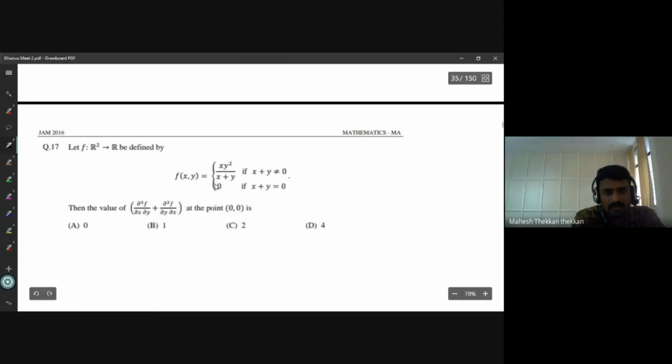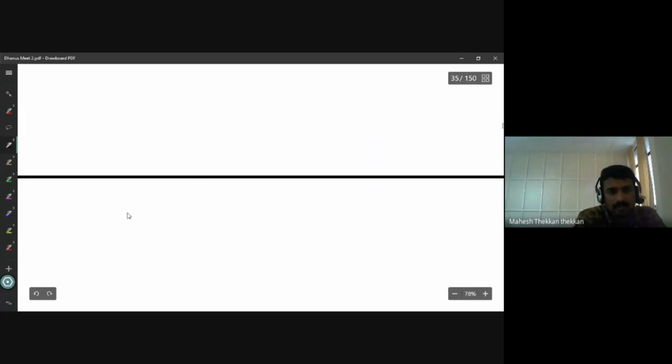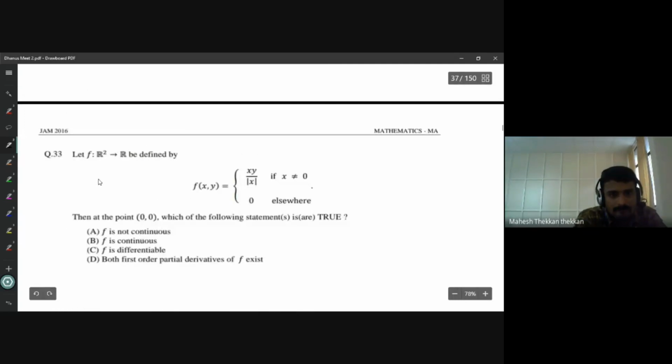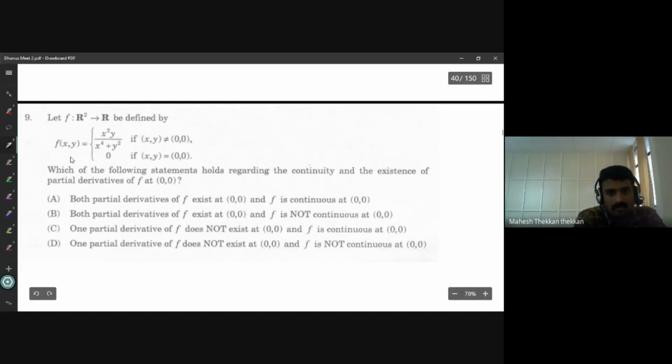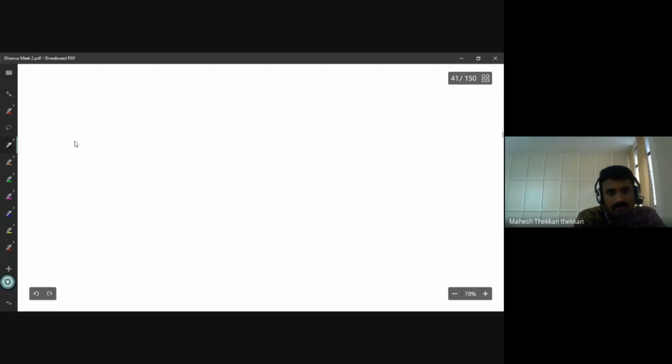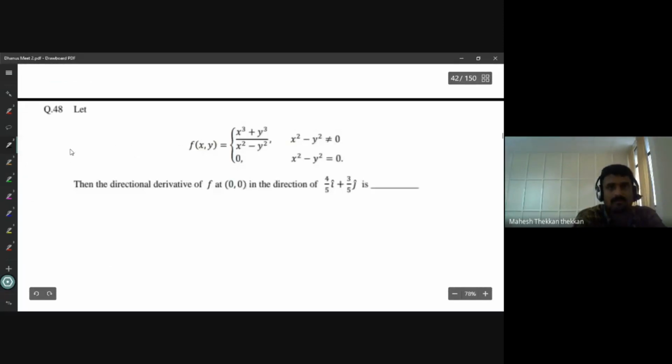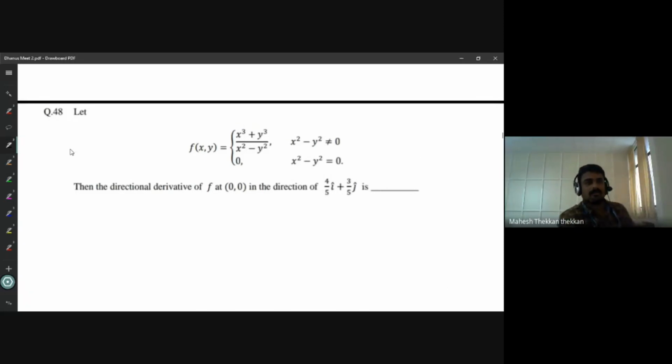This is also the same kind of question. You only need to worry about the partial derivatives at 0, 0, both of them. Whatever we did for these questions, the same method you have to use here. These are all similar kinds of questions. I will just go for some non-trivial ones. So you look at these questions.